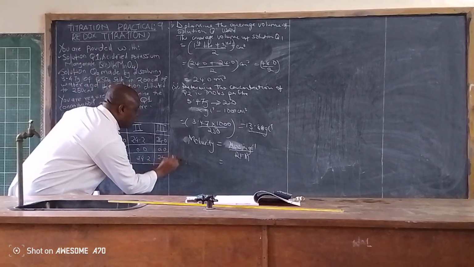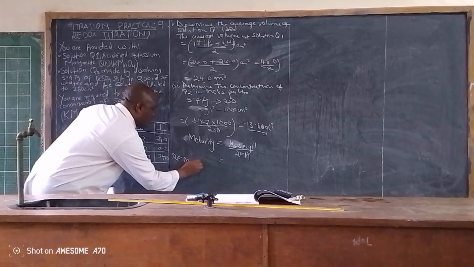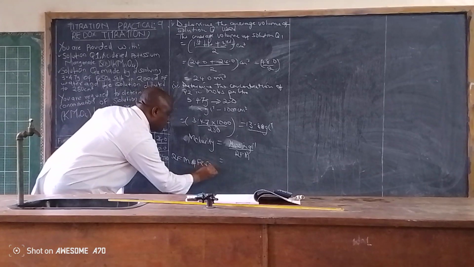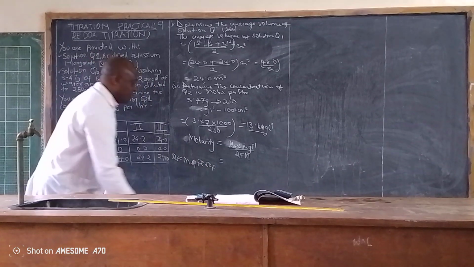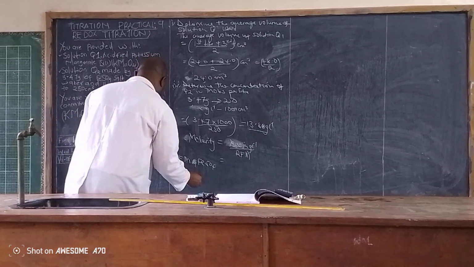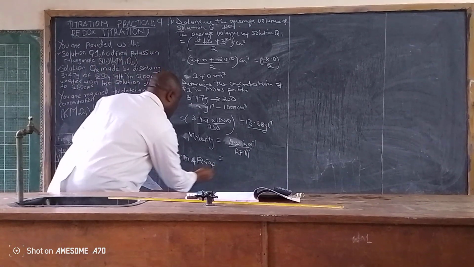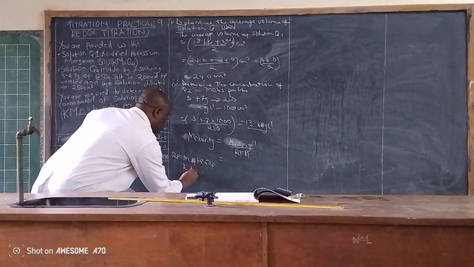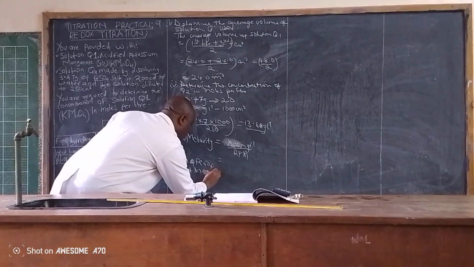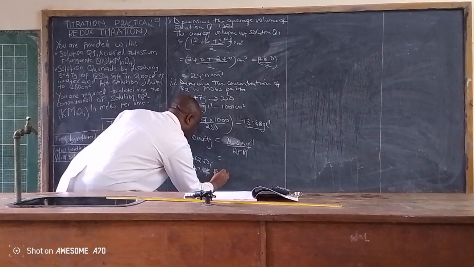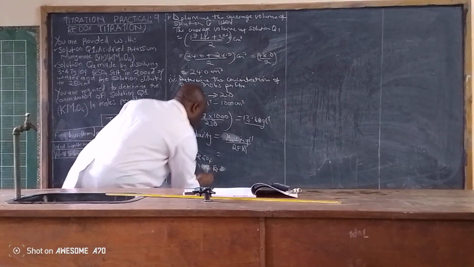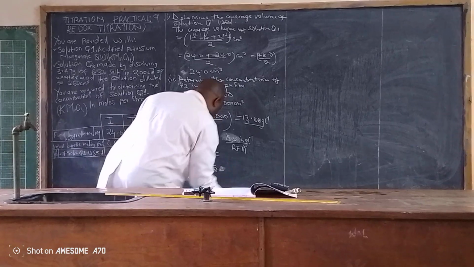So we just write here RFM of iron 2 sulfate. This is the chemical formula of iron 2 sulfate. Now we ask ourselves, what is the relative atomic mass of iron?